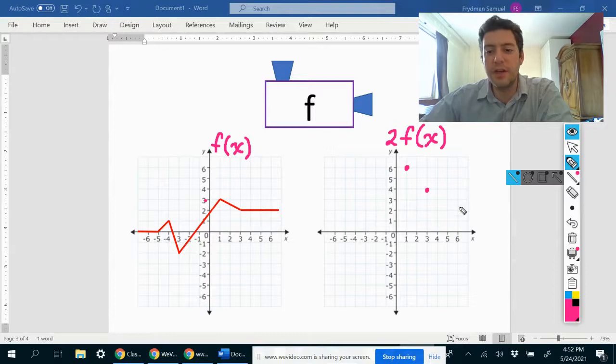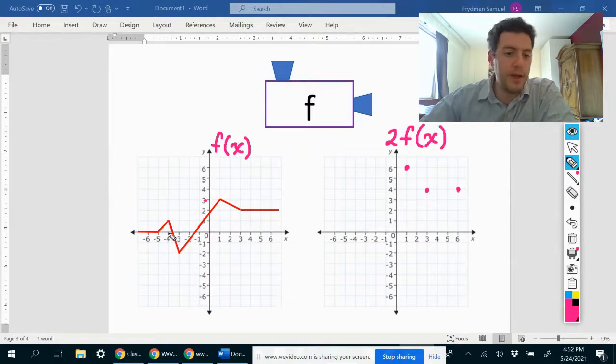But then if we double it, that would be 4 again. And what about, let's try -6. If x is -6, then we put that directly into the function machine, and we know from here that we would get 0, and then we double that, it would still be 0. So this point would stay there.